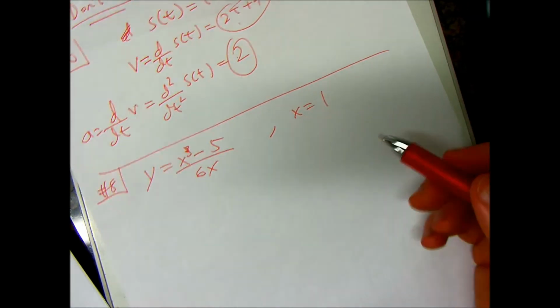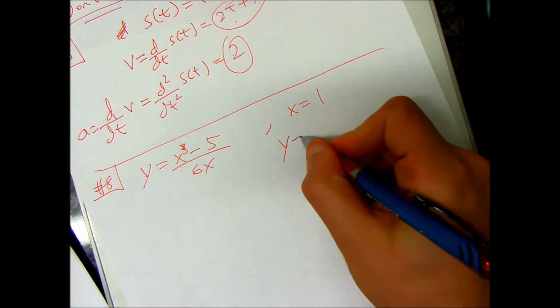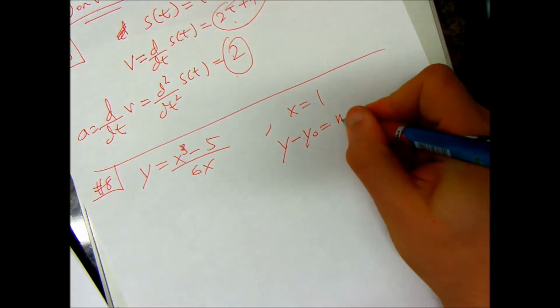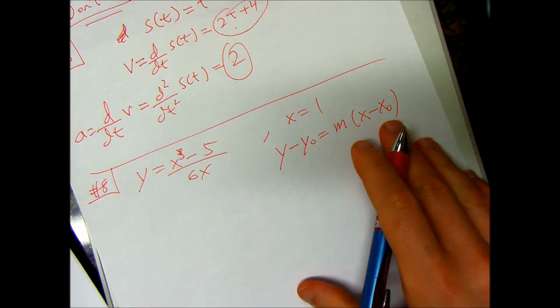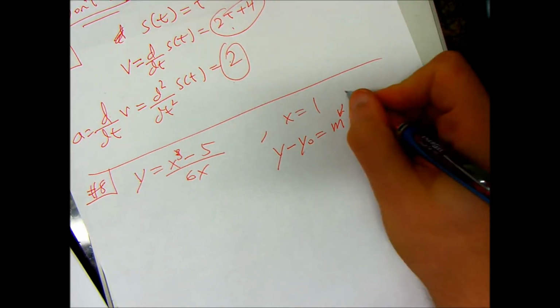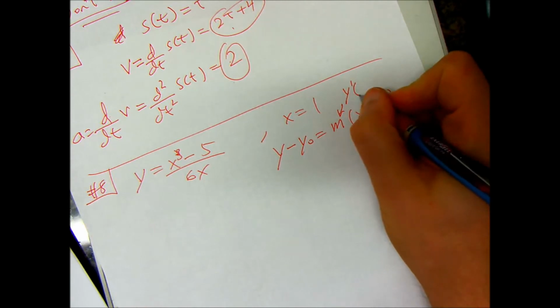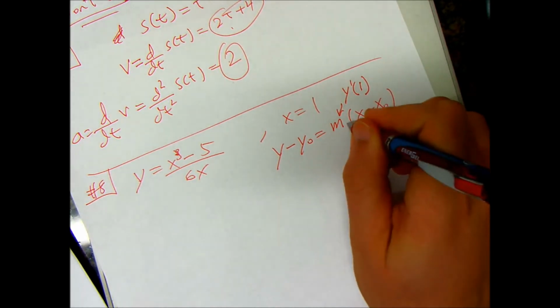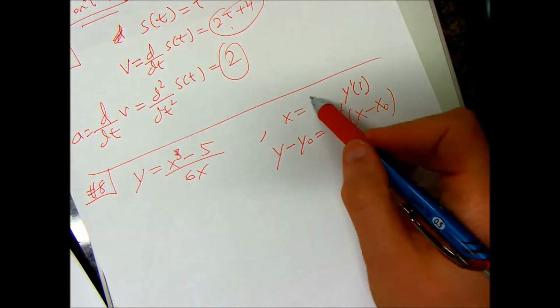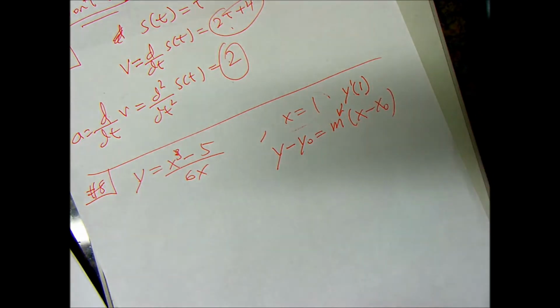So for the equation for the tangent line, think y minus y0 is equal to m times x minus x0, right? Point-slope form. Well, this m is going to come from y prime evaluated at a certain point, in this case 1. My slope of this curve at that particular x value is given by this, okay?